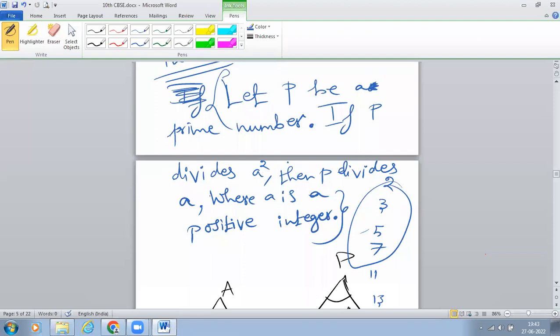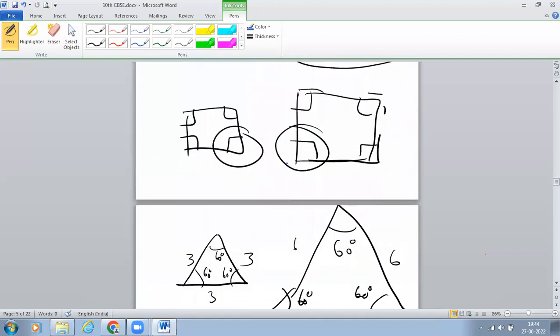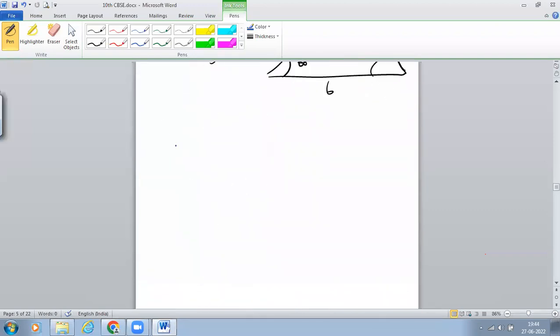Done, sir. Listen, the meaning is, for example, 2 is a prime number. We all know that. Does 2 divide 16? Yes. This 16 can be expressed as 4 square.